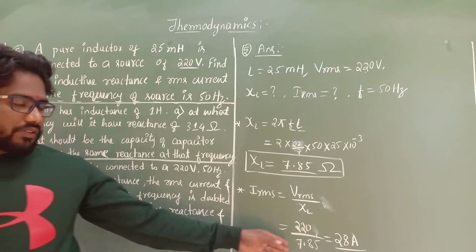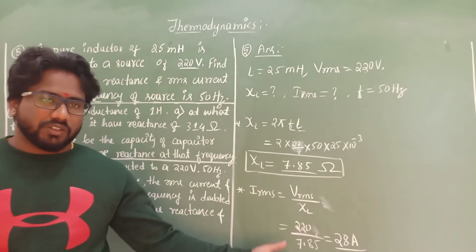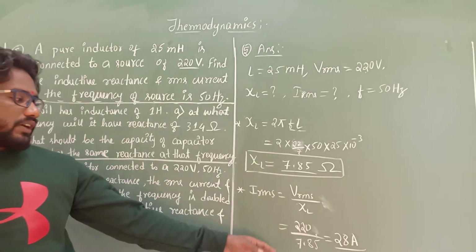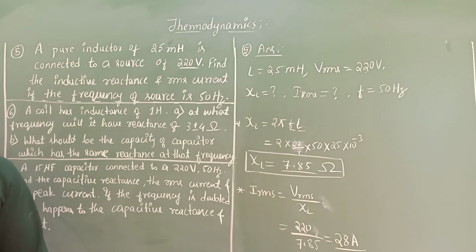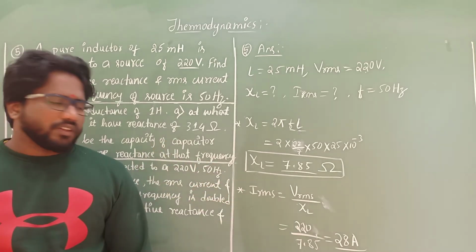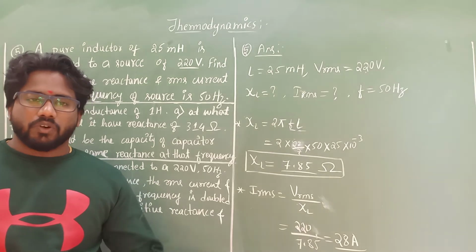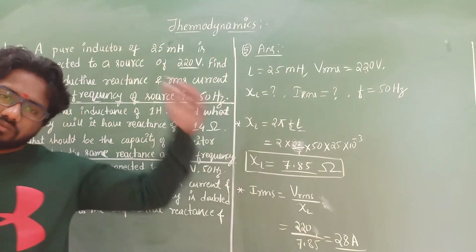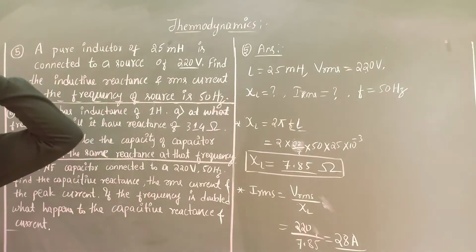You just check with your calculator whether this answer is right or wrong. Compared to here, there may be a variation in decimal points, that's it. You might have got 28 point something, maybe 0 1 or 1 1 like that.